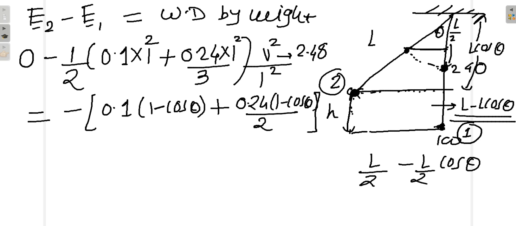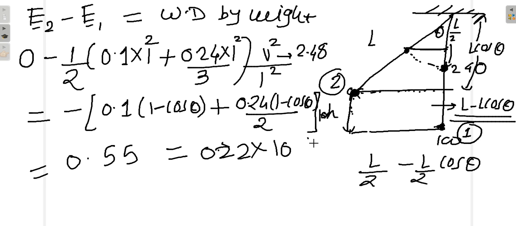Okay, so I've done the calculation. Here I think g is missing. g is 10. So this turns out to be 0.55. This is 0.22 into 10 into 1 minus cos theta.